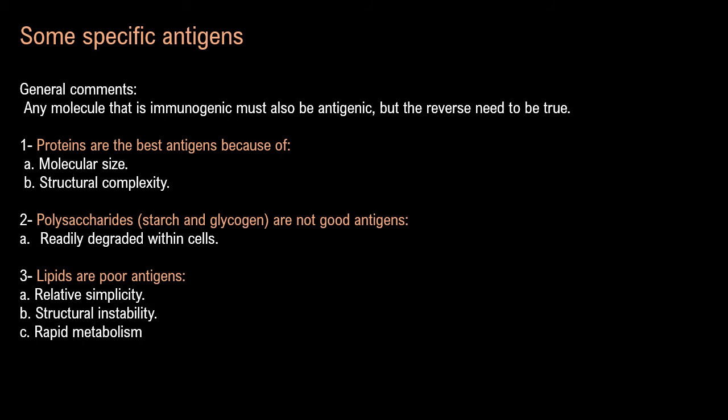These are specific antigens which you should know: why proteins are the best antigens, why polysaccharides are not good antigens, and why lipids are poor antigens. You can get these questions in MCQs, so try to remember at least one or two points.